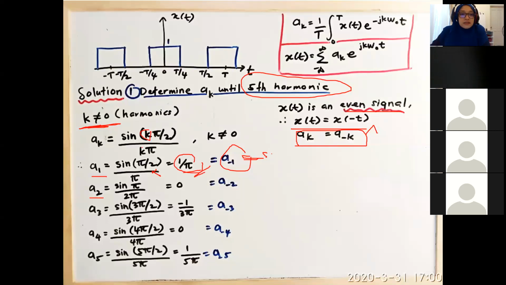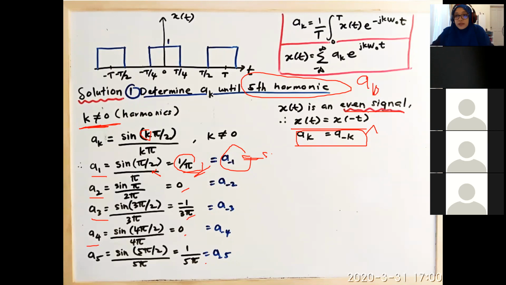For a_2, substitute k equal to 2, so you get sine(2 pi over 2) over 2 pi, so the 2 is cancelled, and sine pi over 2 pi gives 0. For a_3, you get minus 1 over 3 pi. For a_4, you get 0, and for a_5, you get 1 over 5 pi.